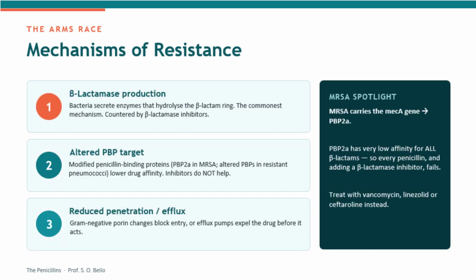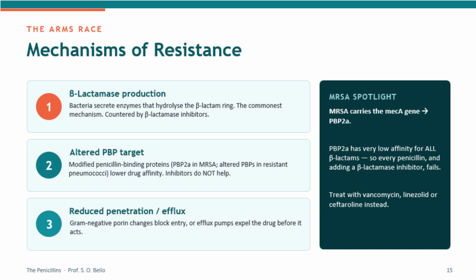Antibiotics and bacteria are locked in an arms race, and penicillins face three main resistance mechanisms. The first and commonest is lactamase production. Bacteria secrete enzymes that snip the lactam ring before the drug can act. This is the mechanism we defeat with the lactamase inhibitors we just discussed.